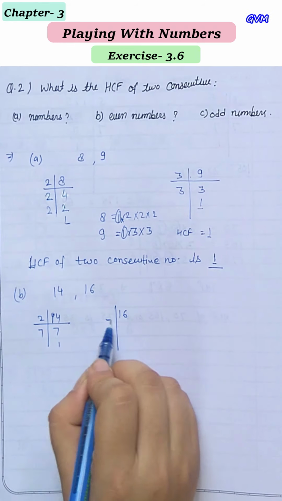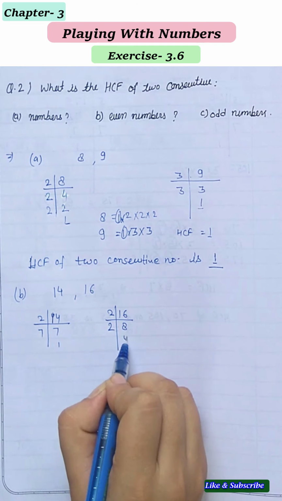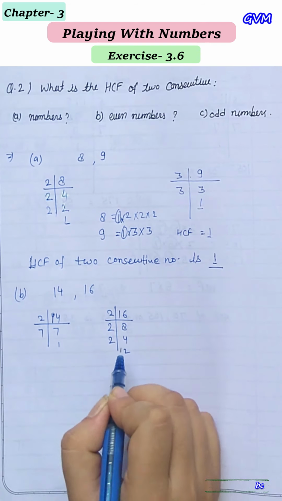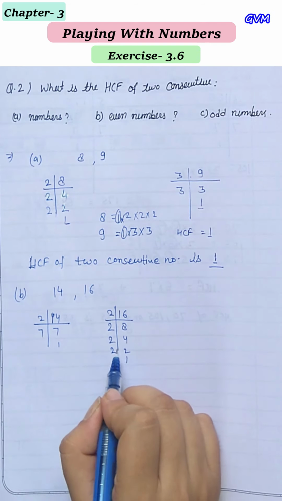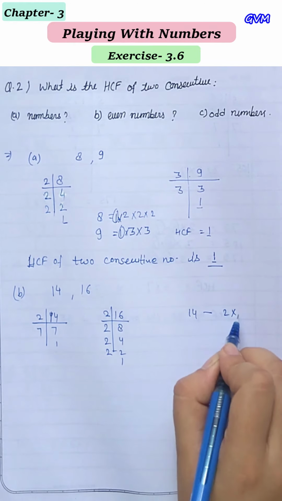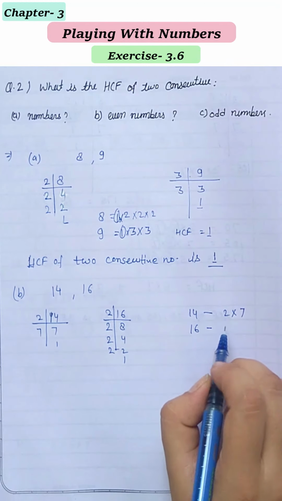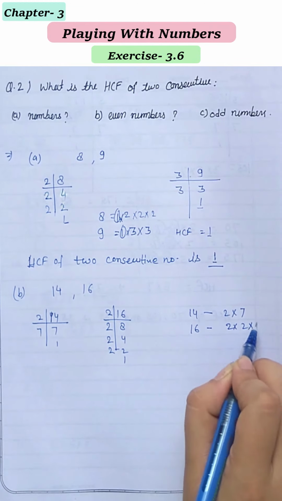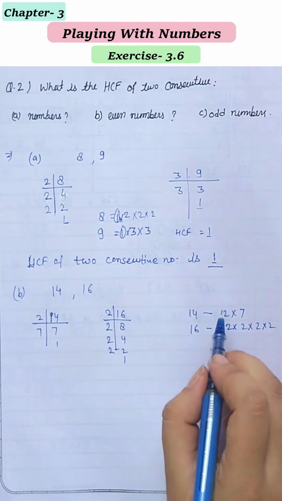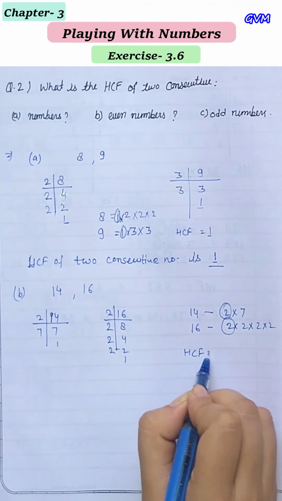Factors of 16: 2 8s are 16, 2 4s are 8, 2 2s are 4 and 2 1s are 2. So the factors of 14 are 2 into 7 and the factors of 16 are 2 into 2 into 2 into 2. Common we have 2 here, so the HCF is 2.